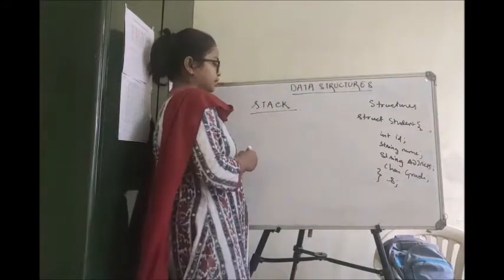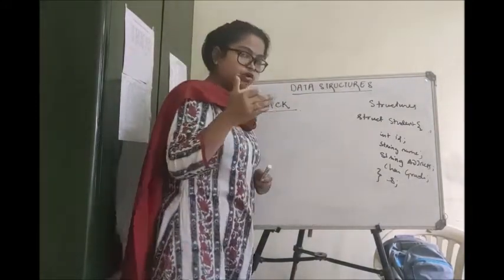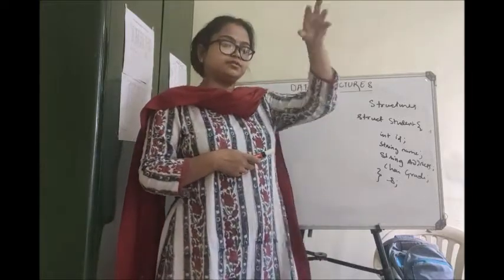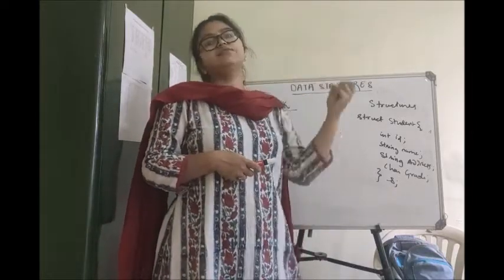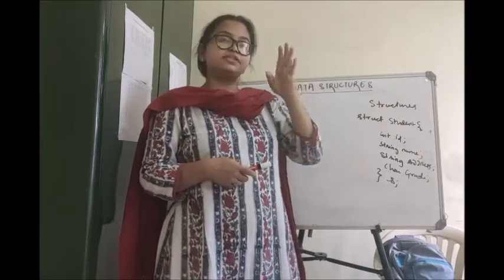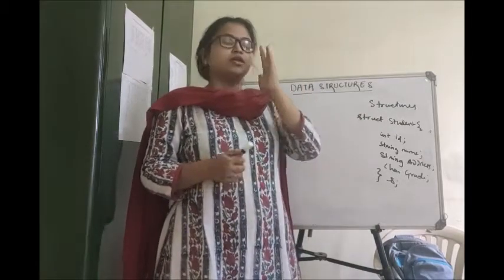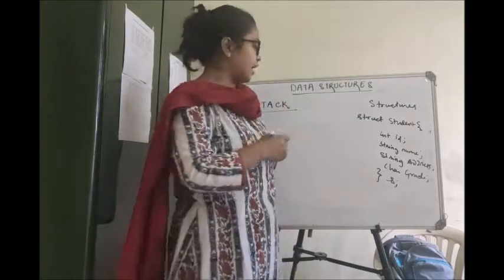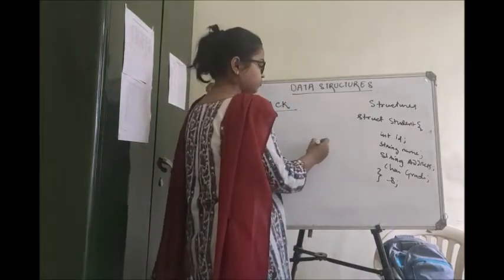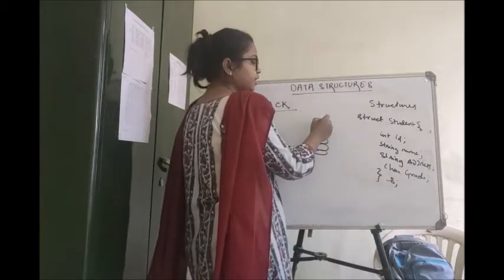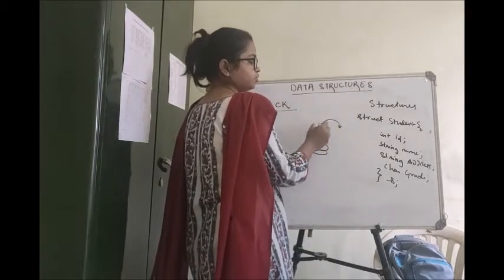Stack is a type of data structure which has a specific property: we can retrieve elements from the stack in a specific manner, that is from the top only. You can think of a stack as a pile of objects one above another, from which we can retrieve an element just from the top.